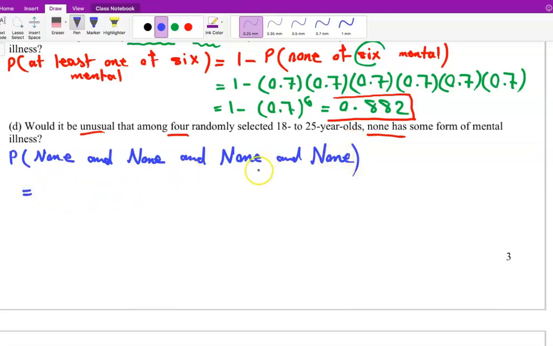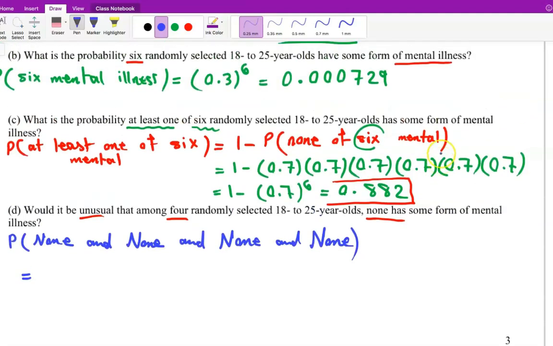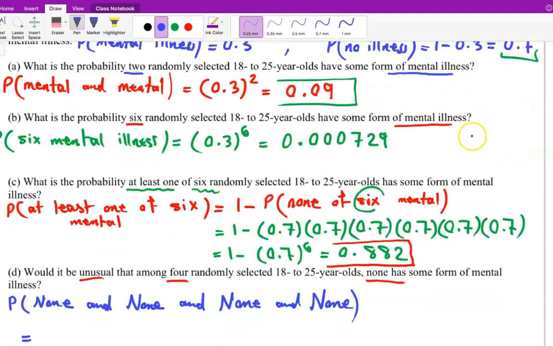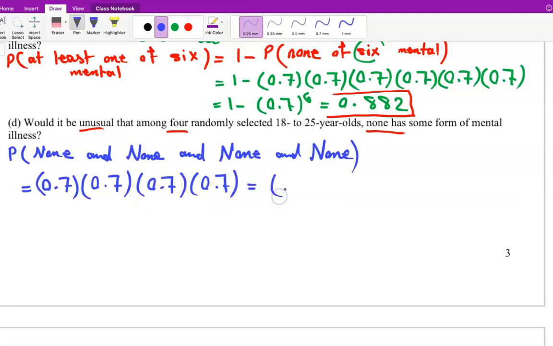That is equal to, we have none has some form of mental illness. So no illness, we have 70%, 0.7. So this multiplied by itself 4 times. The answer is 0.2401.